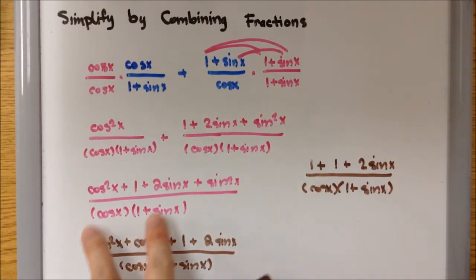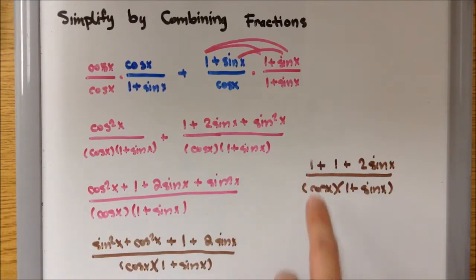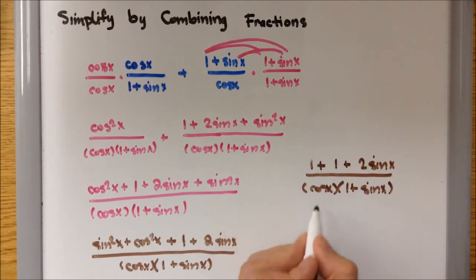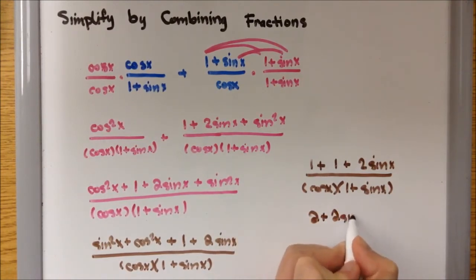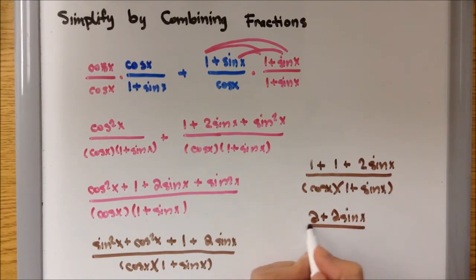So all I did was rearrange where now you see sine squared x plus cosine squared x, used the Pythagorean identity, changed it to 1, and made it simpler. Now I'm going to add these two ones, so it's going to be 2 plus 2 sine x over cosine of x times 1 plus sine x.